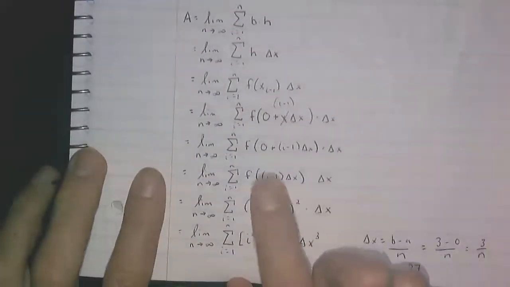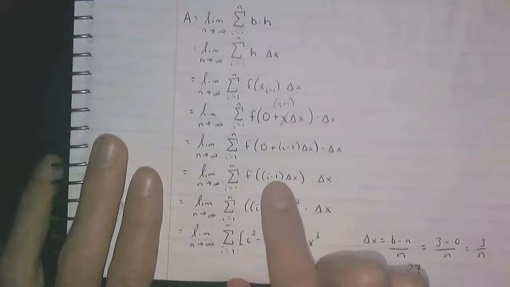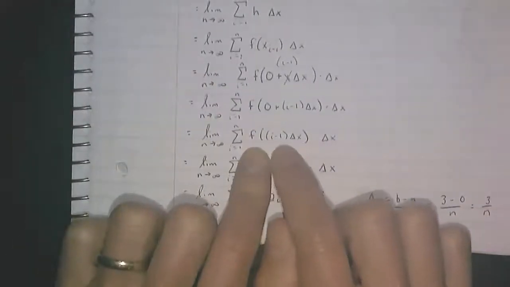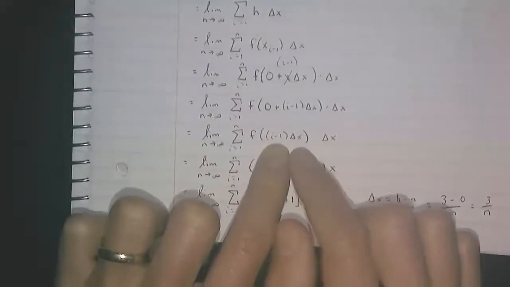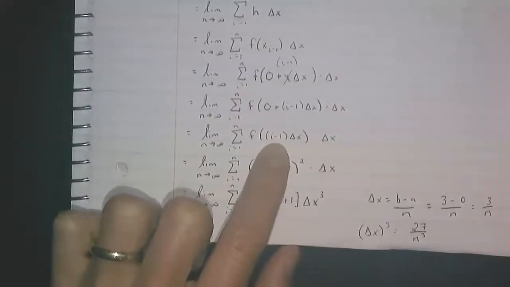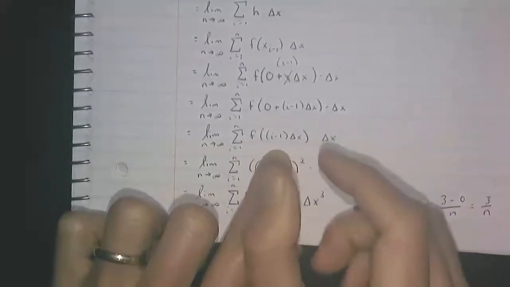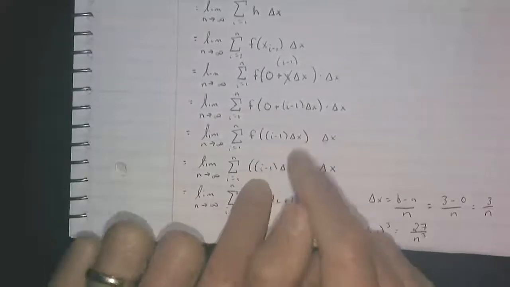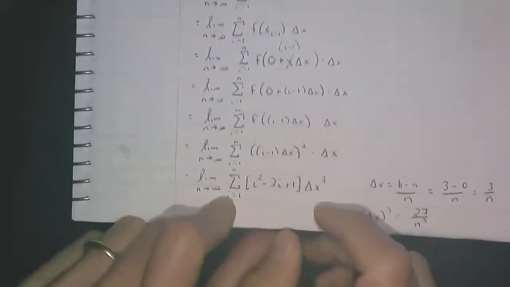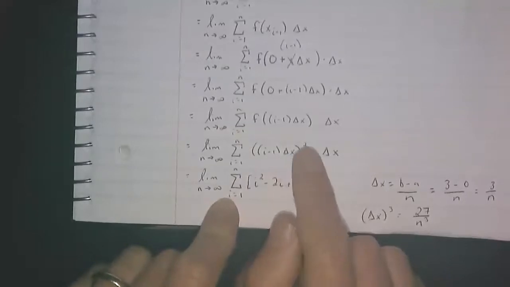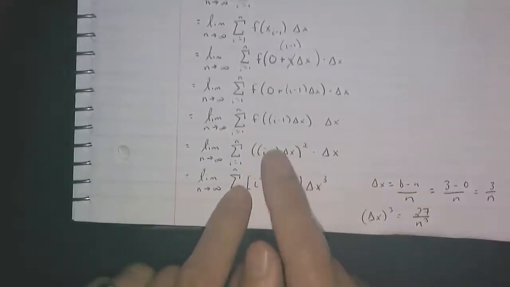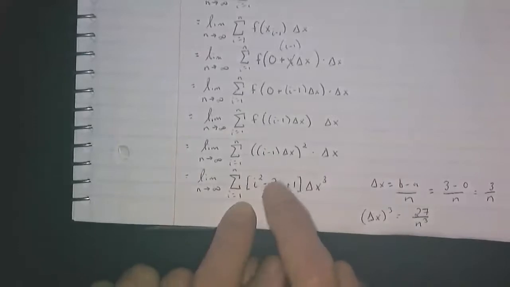And so what we ended up plugging into our function, which in this case was x squared, was i minus 1 times delta x. Because that's basically what our function value is at each step of this Riemann sum. Some amount of delta x's away from 0. And so then squaring this quantity gave you a delta x squared in addition to this binomial being squared, which is where the fun stuff with our sigma notation came into play.